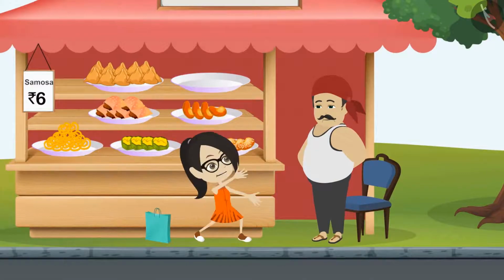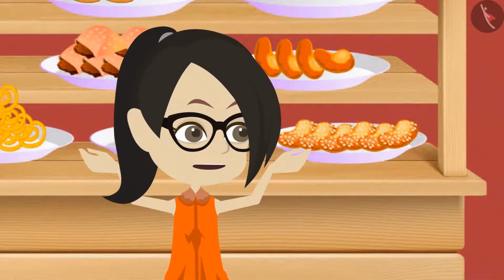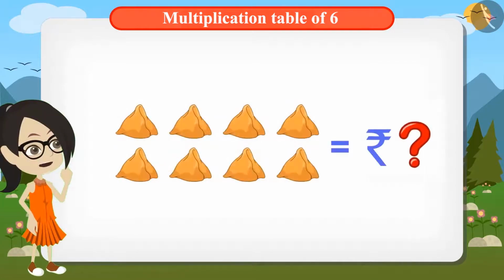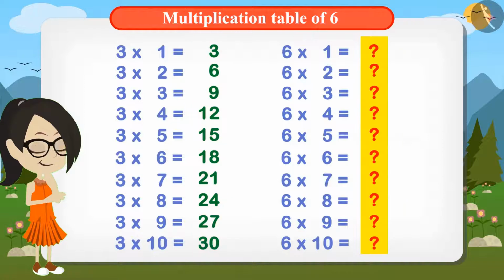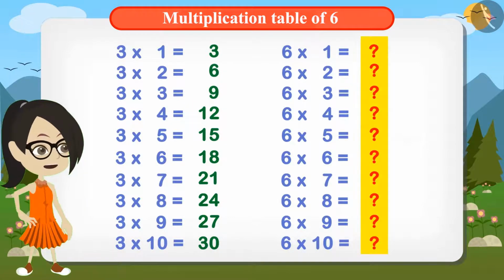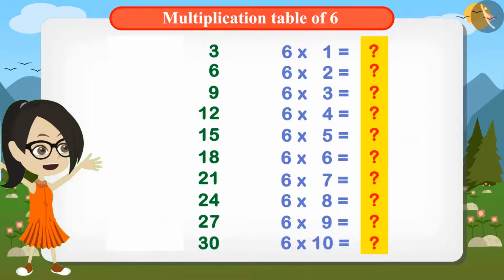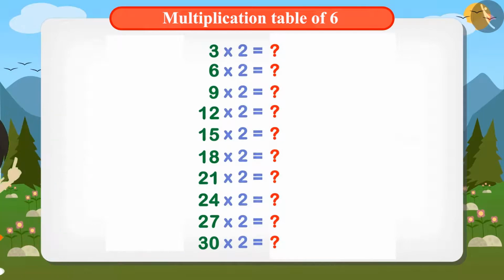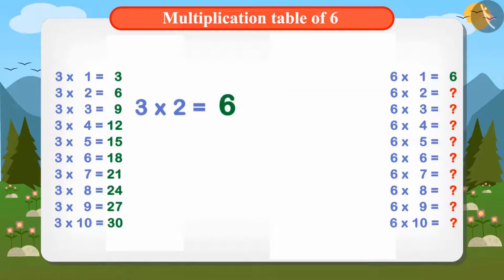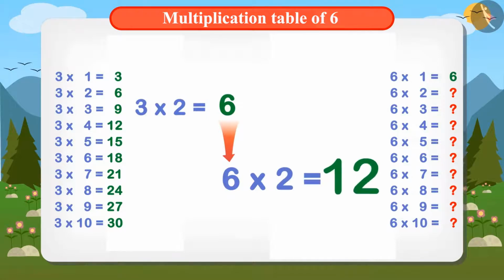Wow, Chaggu uncle, this method is very good. Now I will find out the cost of 8 samosas. You can also help Vandana find the table of 6 from the table of 3. To find the multiplication table of 6, multiply 2 with the answer of the multiplication table of 3. 3 times 2 is 6, so 6 multiplied by 2, that is 6 times 2 will be 12.